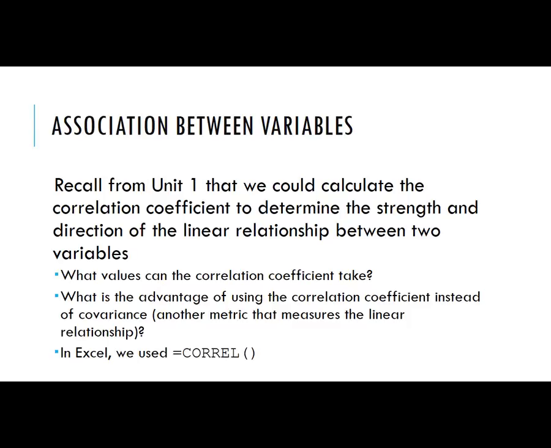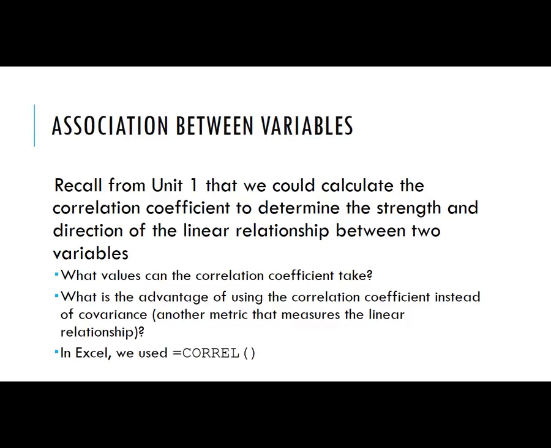So what values can the correlation coefficient take? You should remember that it can be between -1 and +1, inclusive. A +1 means that it is perfectly positively linearly correlated. So there's a perfect linear relationship, and it's completely strong, right? One is the strongest it can be.